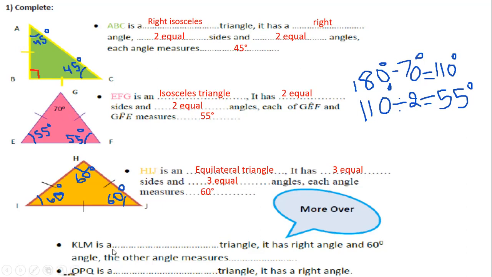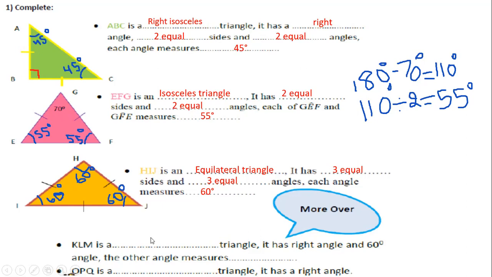Now, in this sentence, there is no figure, but we should answer according to what is written. KLM is a triangle. It has a right angle, so it has a 90 degree angle and a 60 degree angle. What kind of triangle is it?